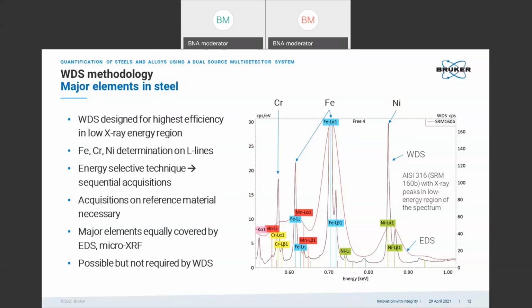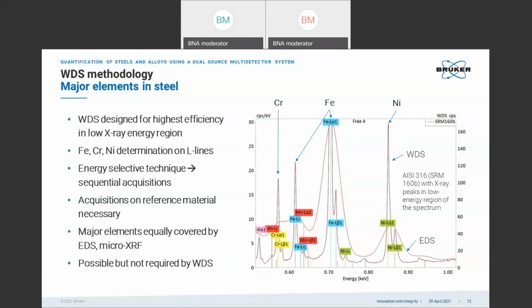We recommend to use similar composition samples as standards, but we could then quantify the major elements, but we didn't in this case because we go for a combined quantification, and we have other techniques such as EDS or especially micro XRF, which well determine the major element compositions.